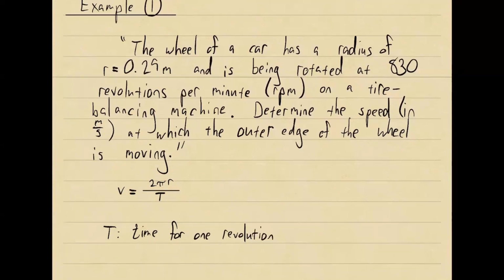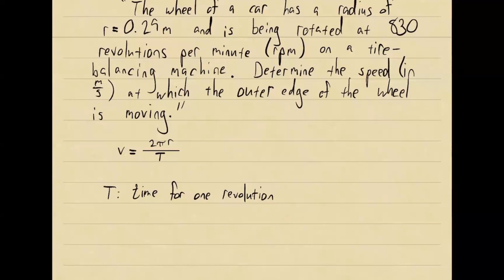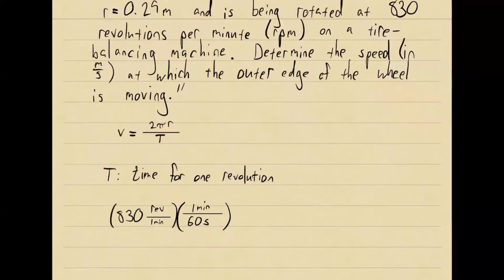Right, remember that's our definition. So we know that this tire rotates at 830 revolutions per minute, revolutions per 1 minute. And we know that there's 1 minute in 60 seconds, and so the units of minutes cancel out.